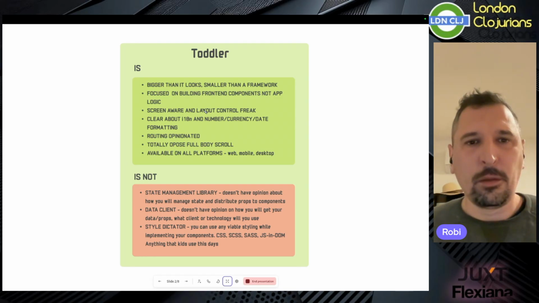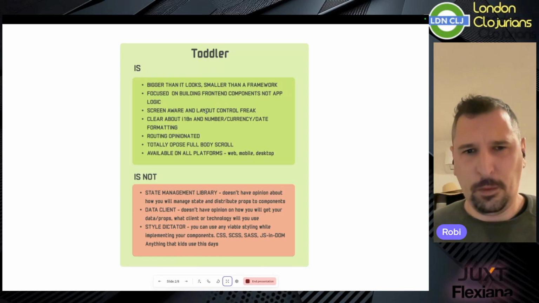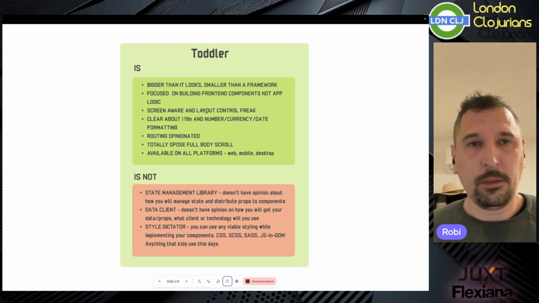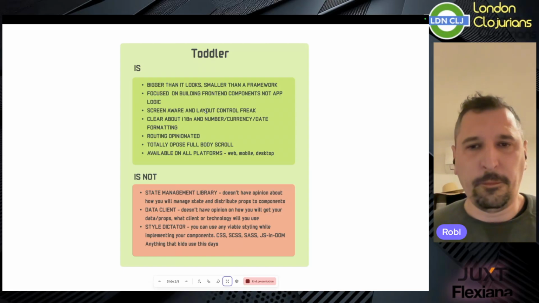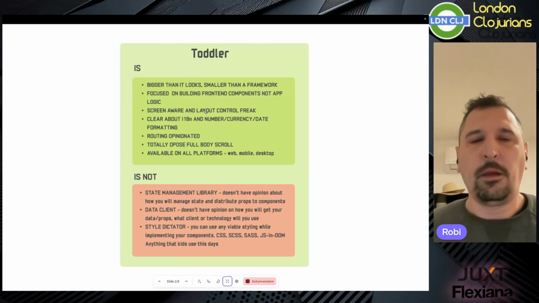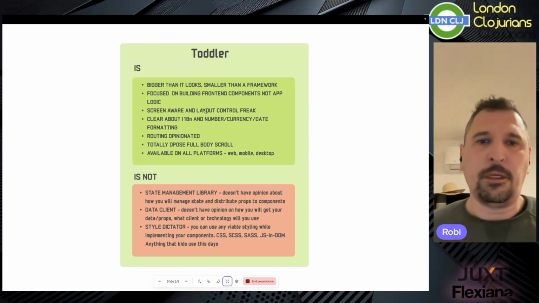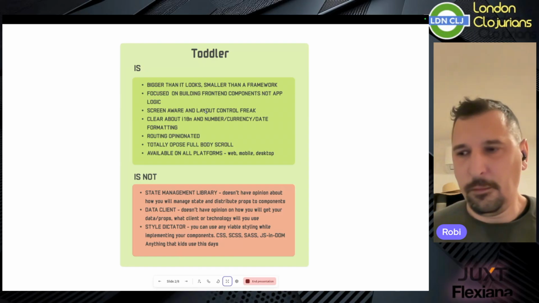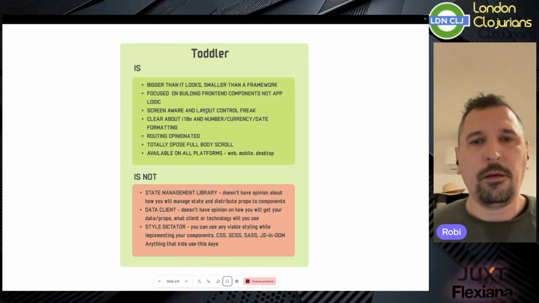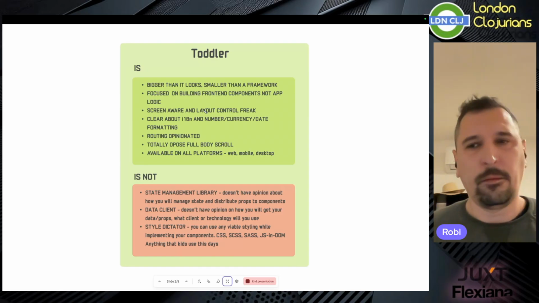And Toddler is clear about internationalization and number, currency, and date formatting. Toddler is using Google Closure code that would cover most of the known languages and formats for formatting numbers and currency and displaying currencies and date formats.